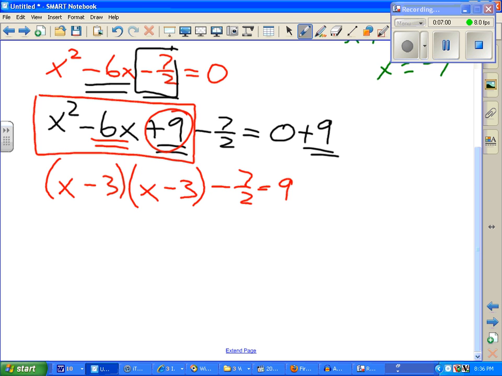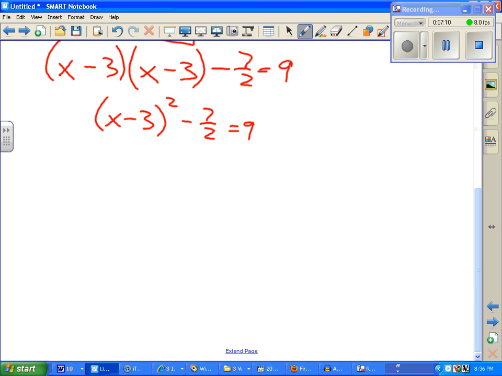Okay, we're almost home. So now I can write this as x minus 3 squared, because it's the same thing squared. Minus 7/2 equals 9. Now let's add 7/2 to both sides.